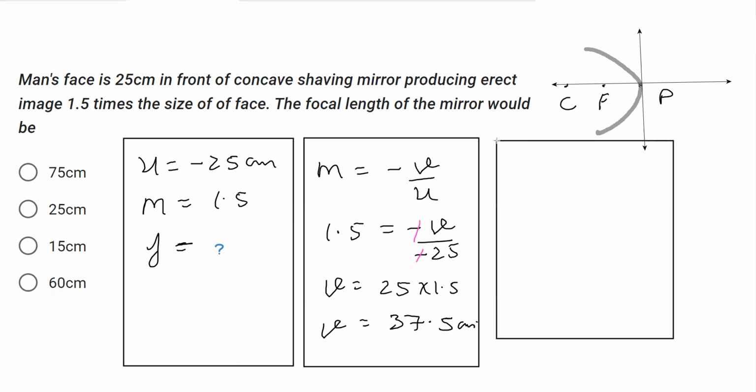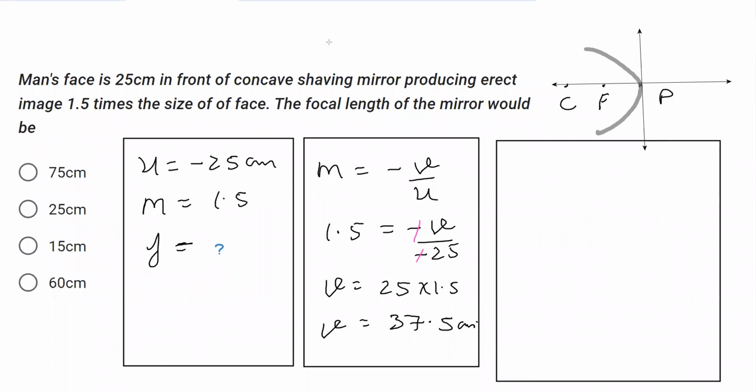Now, we'll apply the mirror formula finally to get the focal length of the mirror. So the relation is 1 upon F is equal to 1 upon V plus 1 upon U. So we have 1 upon F is equal to 1 upon V, V here is 1 upon 37.5 positive.